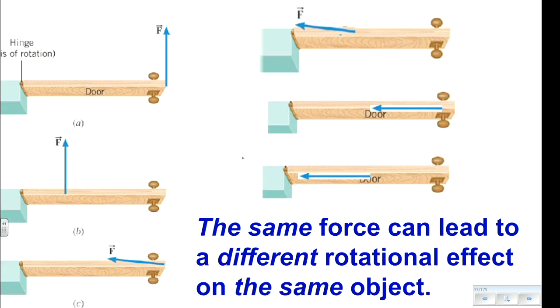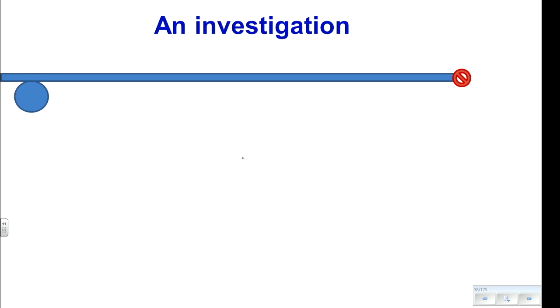Same force, but the effect is different. It depends, and we know the feeling. So now we need to make a transition from the feeling to data. And to do that, we need experiments.